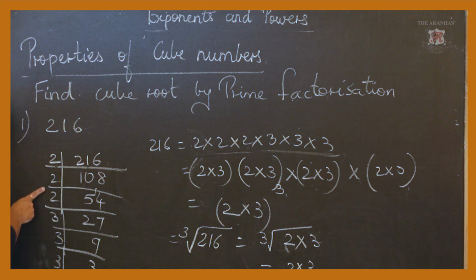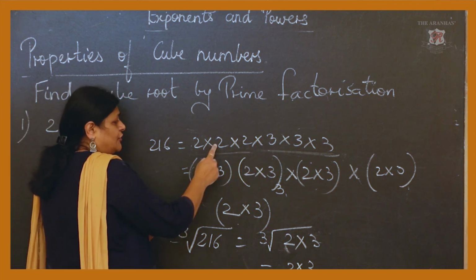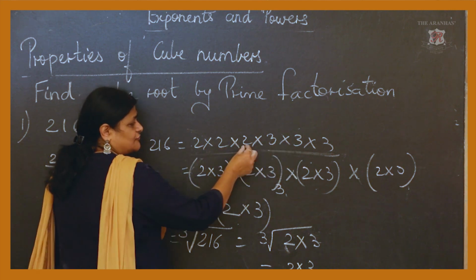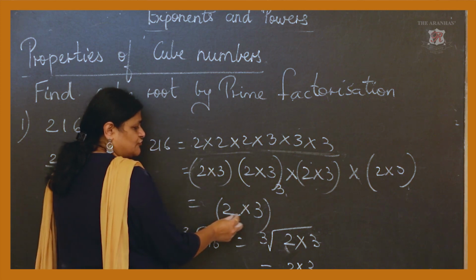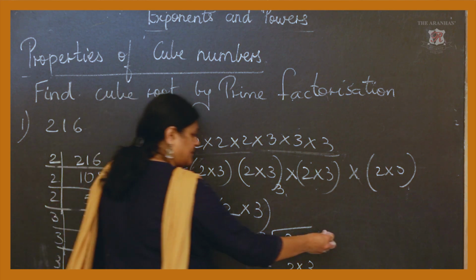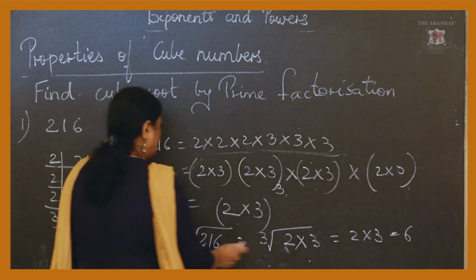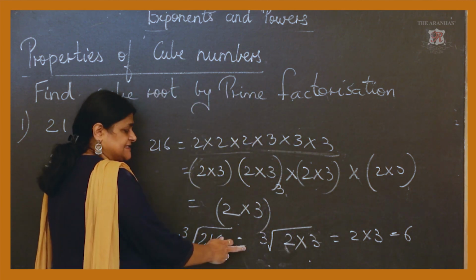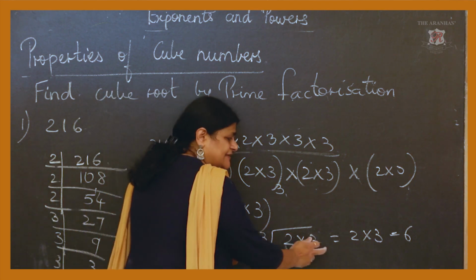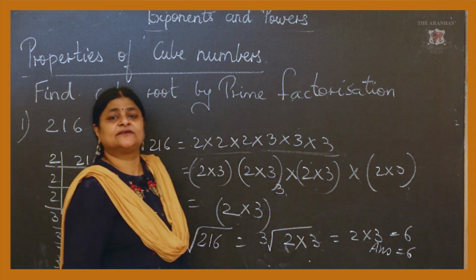Now see, 2 into 2 into 2 into 3 into 3 into 3, which we have written over here. So you are going to take each term, that is 2 into 3, 2 into 3, 2 into 3. That is equal to the cube root of 216. So here, cube root of 216 is equal to 2 into 3, which will give you 6. So your answer is equal to 6.